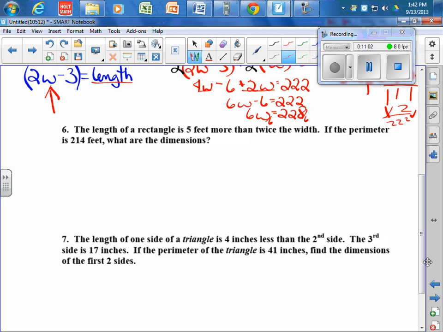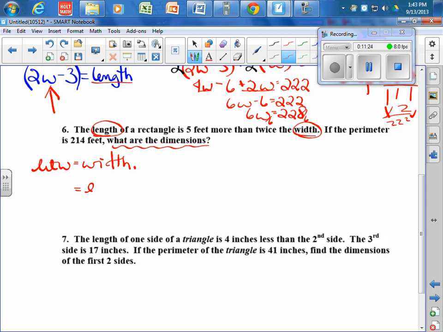So again, we're finding the dimensions of the rectangle. The dimensions as described here are the length and the width. Which one's mentioned second? Width. So I'm going to say let W equal the width, always the second one mentioned. Now I have a verbal phrase here for width. It's the word width.